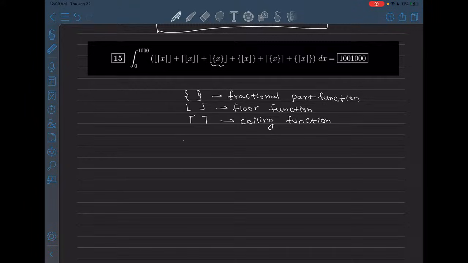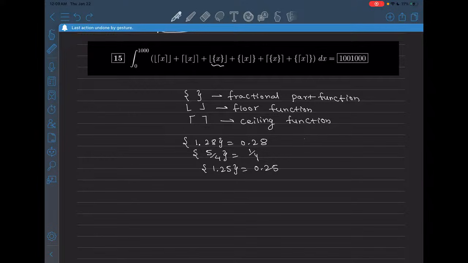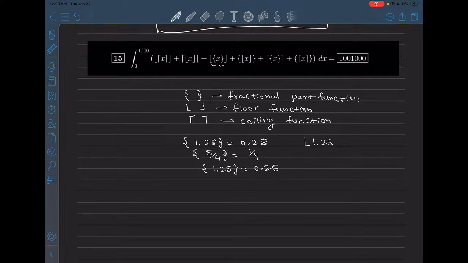So now the fractional part of 1.28 is just 0.28, just the fractional part. The fractional part of 5/4 is 1/4, because this is 1.25, so this is just 0.25. The floor function of 1.28 is 1. The floor function is, you just round it down.